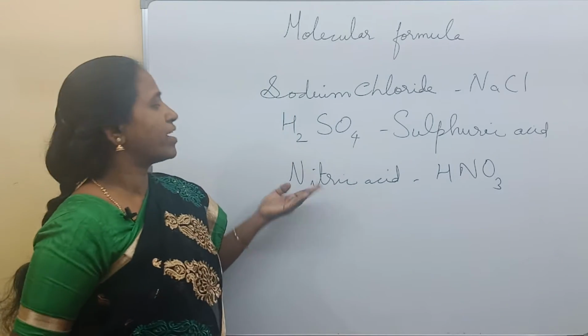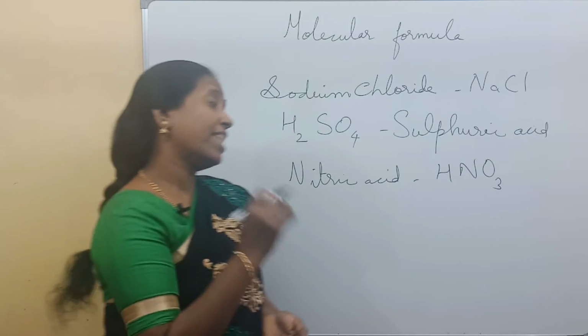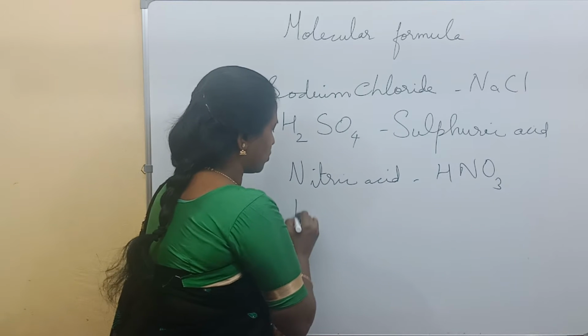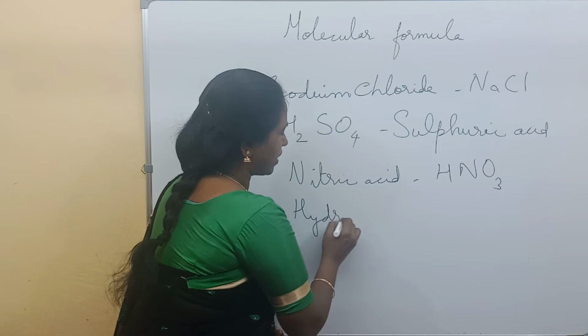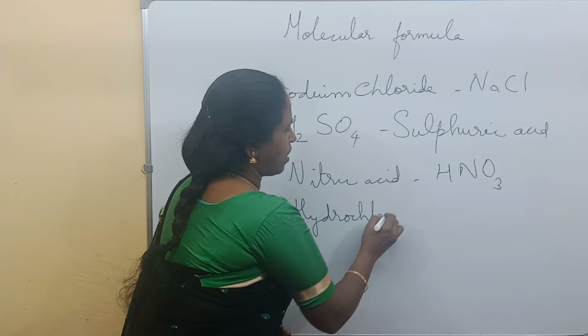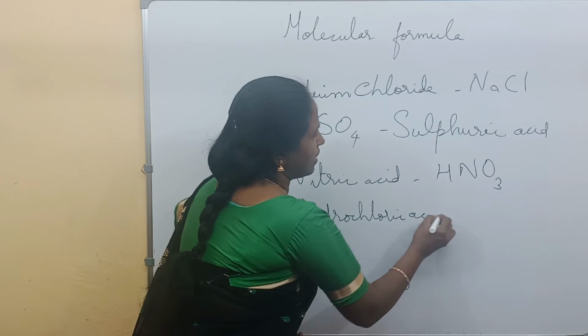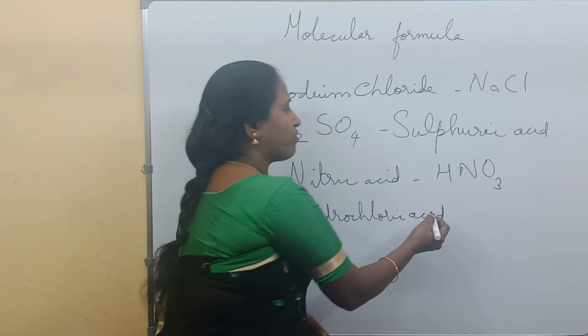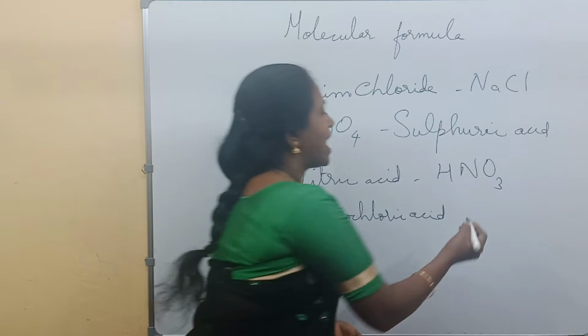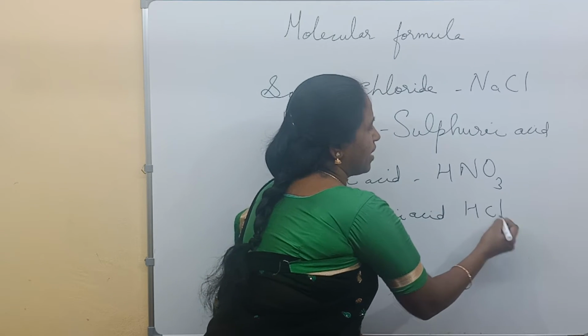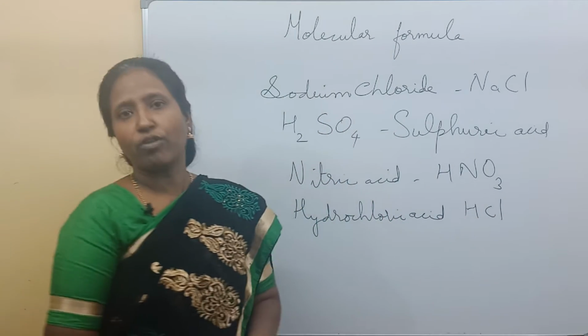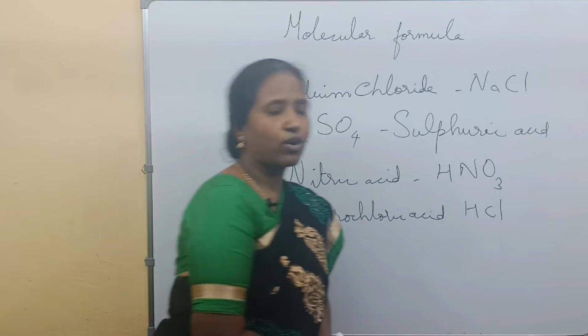So this is what nitric acid consists of. Another acid that we generally use is hydrochloric acid. The molecular formula of hydrochloric acid is HCl. HCl is 1 atom of hydrogen and 1 atom of chlorine.